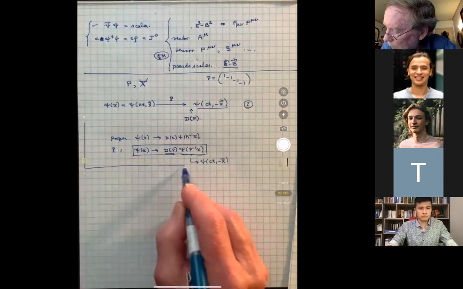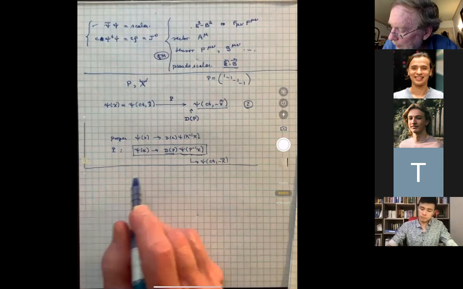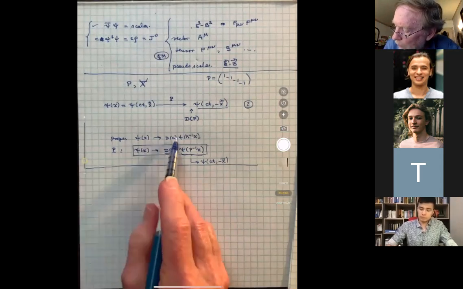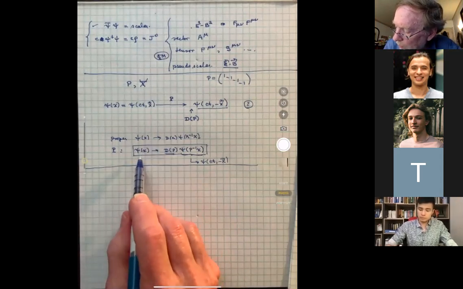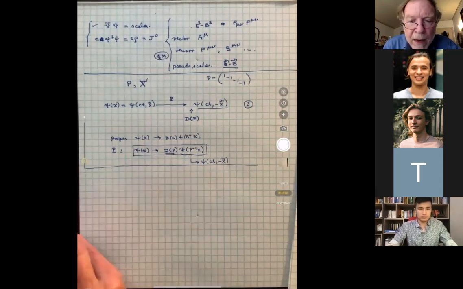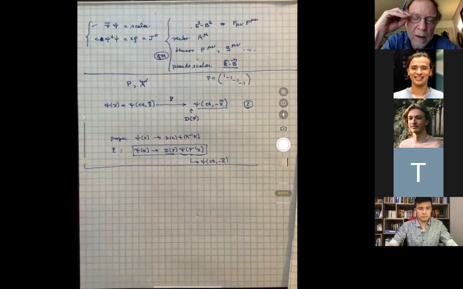All right, now here's what we're going to do. As we did with the proper Lorentz transformations, we will demand that this transformation map every solution of the free particle Dirac equation into another solution of the free particle Dirac equation. This is effectively a way of saying that the free particle Hamiltonian ought to commute with parity.